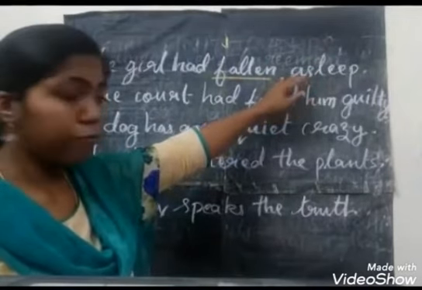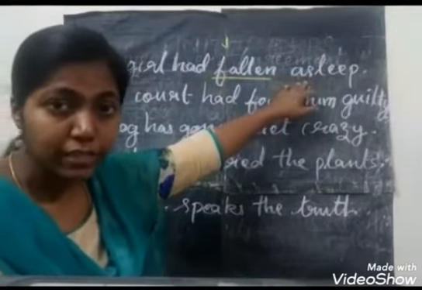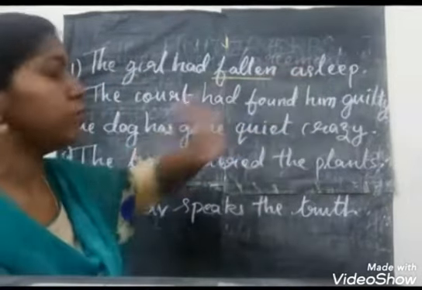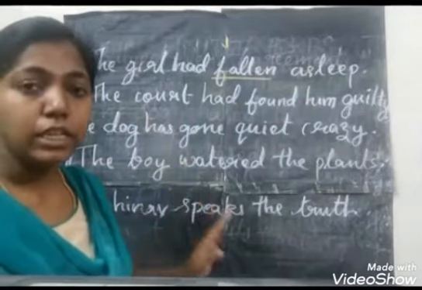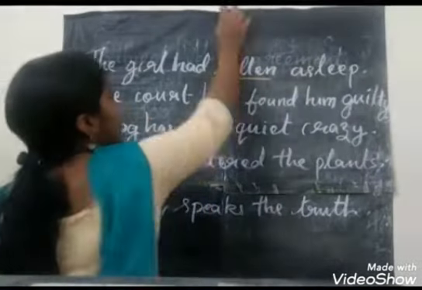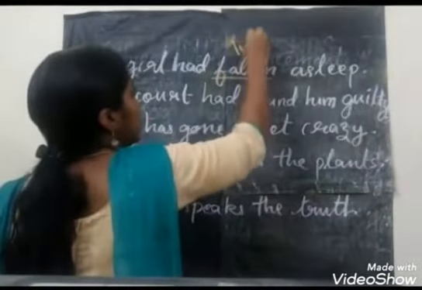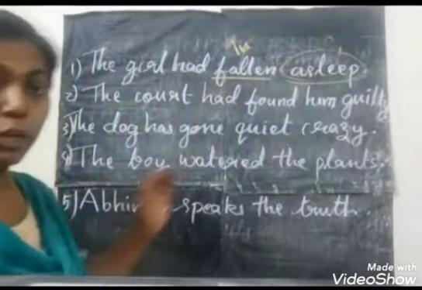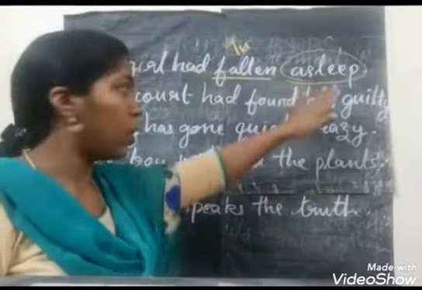Do you think that asleep is an object? No, it's not an object. So you can definitely conclude that it is an intransitive verb. Fallen is an intransitive verb and asleep is the complement of the verb.